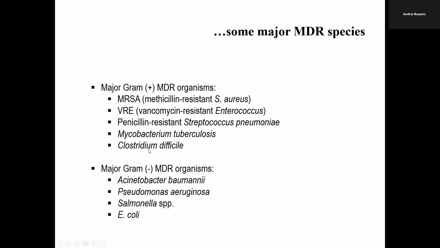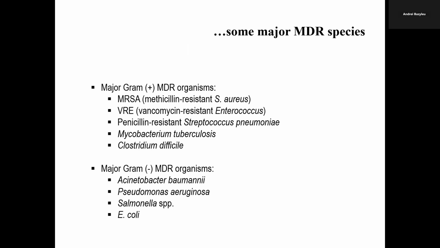So major gram positives, MRSA. Everybody knows about that one, I think, by now. Methicillin-resistant Staph aureus. Know what it stands for, MRSA. Methicillin, we will look at it in a second, was a very important drug, still is, but some time ago people realized there is this Staph aureus species that is totally resistant to it.